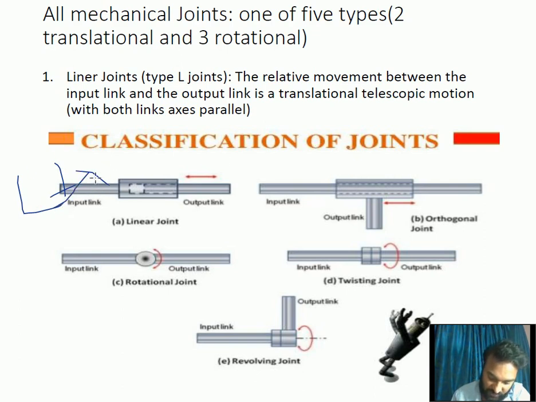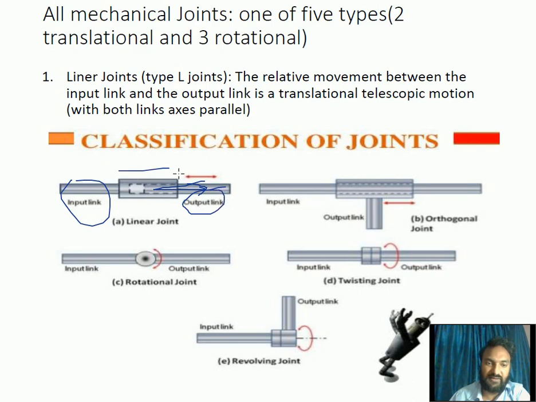This one is the output link, and the output link will move inside and outside of the input link. So the motion is linear, that's why it is called a linear joint. Again, this one is the input link, and the output link is this one. The output link is normal to the input link.